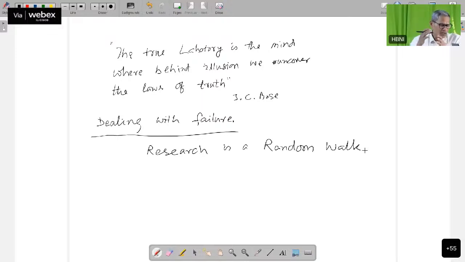Also, when you read a research paper, you see those papers are written in a very structured way. But behind each paper, there are many failures. Those failures, they never write. And the sequence in which you do your work is not the sequence in which it is written for publication.